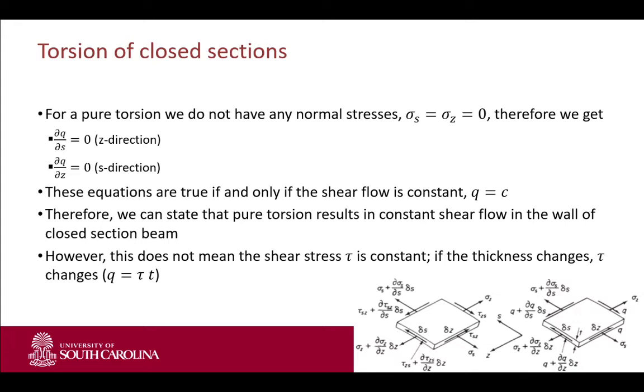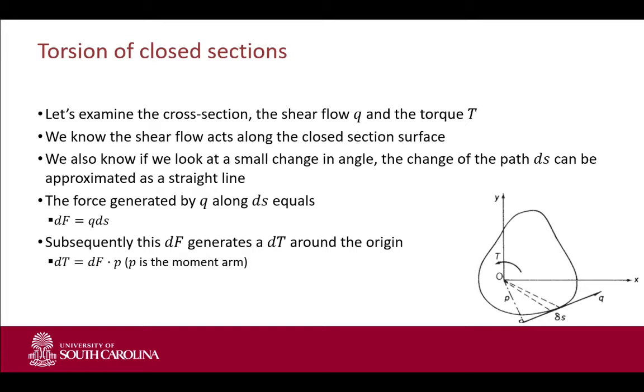And with that, basically what that means is that if we have a torsion problem and pure torsion on its own, so no shear forces and other forces applying to it, then the shear flow in the section due to torsion must be a constant. And then we stated, okay, well, we know that torsion is an in-plane moment, so if we multiply the shear flow over a segment ds, we get a force, and if we multiply that with an arm with respect to an origin or an axis, we get a moment.